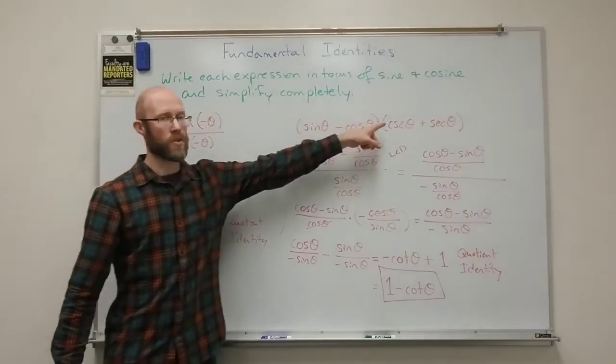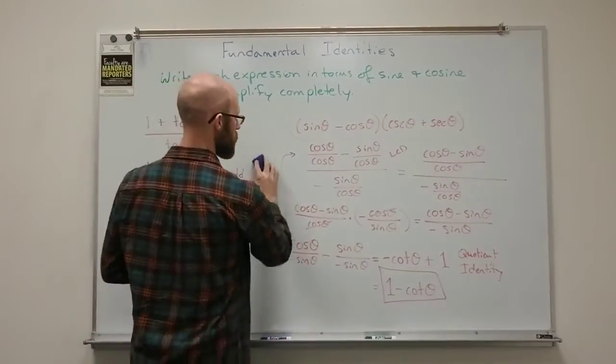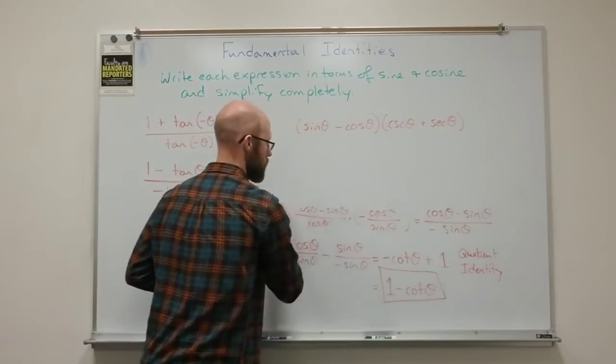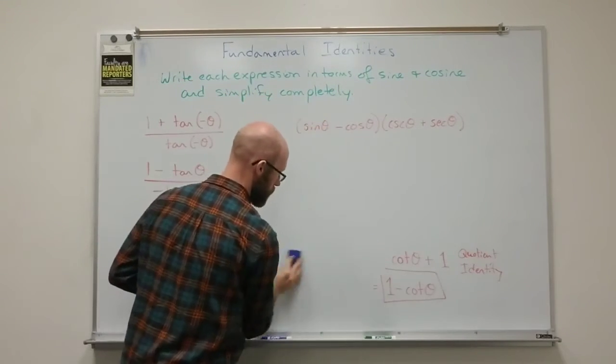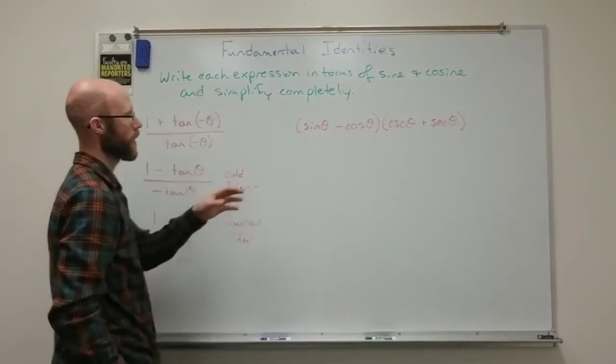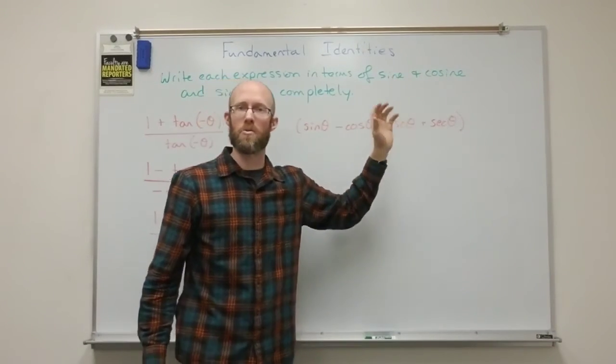So let's work on this next problem here. Get rid of some of this one, the first one. Give myself a little space, and if I need to erase more, I can. Okay, so here again it says rewrite everything in terms of sine and cosine and simplify.